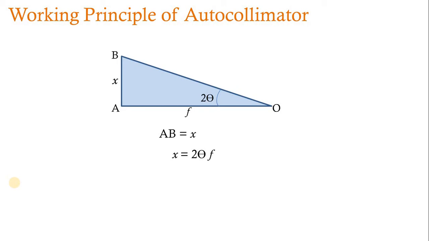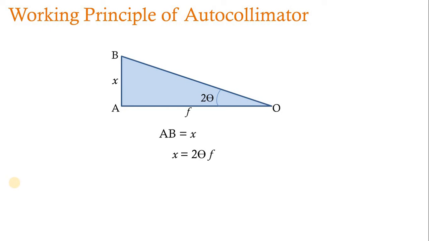There are some important points we have to consider whenever we check an angle using the Autocollimator. The position of the final image does not depend upon the distance of the reflector from the lens, that is, the separation X is independent of the position of the reflector from the lens.